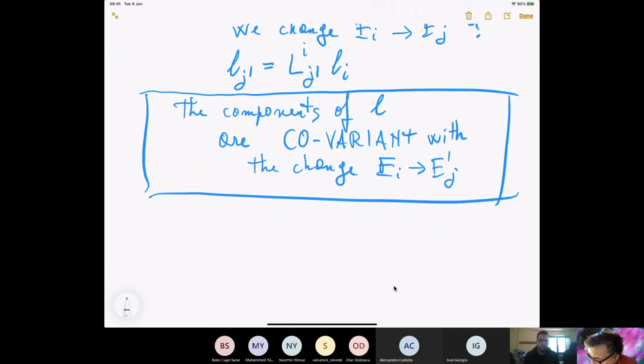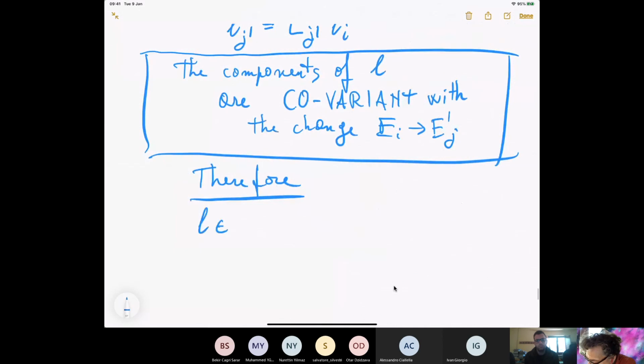So, therefore, an element in V star B is called a covector.